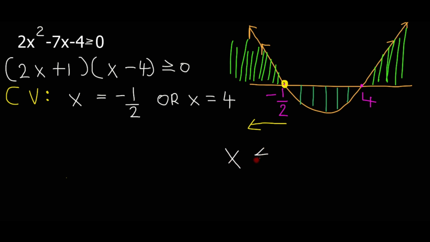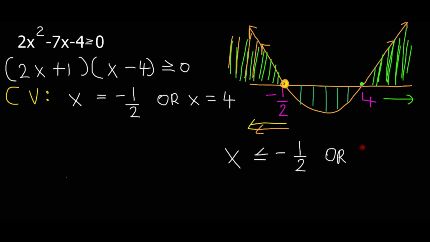So when we write this solution, we say x is less or equals to negative half. When you look at this inequality, it points to the left. This is because our solution is negative half going to the left, where our graph is above the x-axis. And as for positive 4, you can see that it is above the x-axis from this positive 4 going to the right.